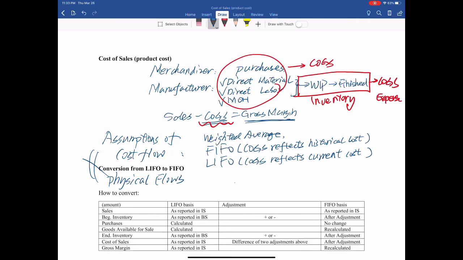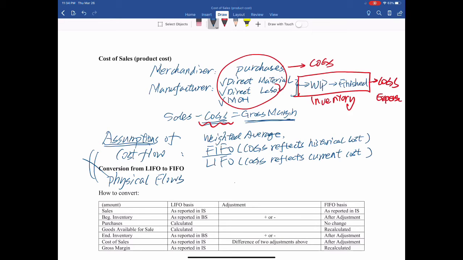So for example, for Walmart, most of its goods physically are FIFO, first in, first out. But Walmart is still allowed to use one of the three assumptions. The purpose of the assumption is to more accurately show their periodic income or earnings.